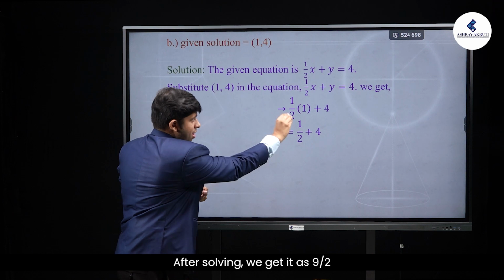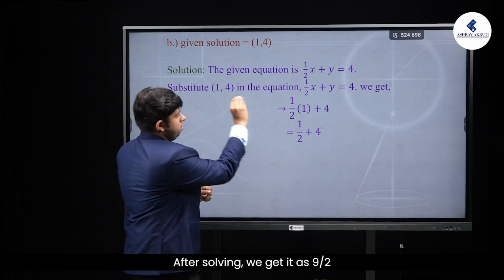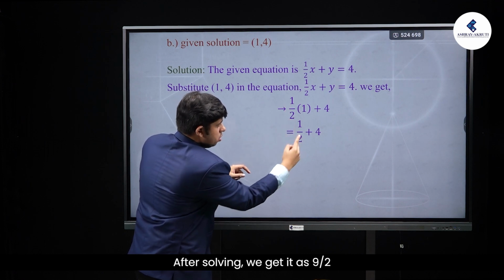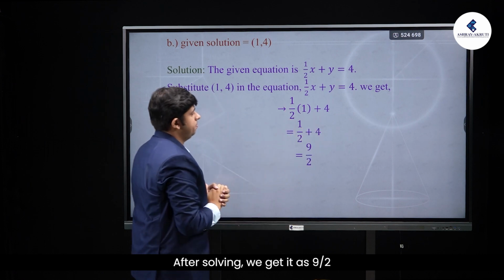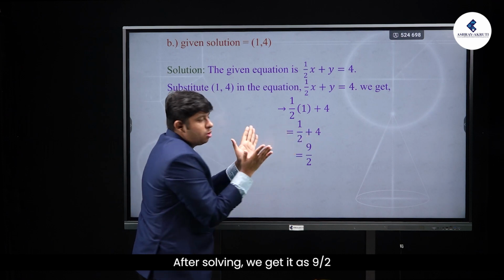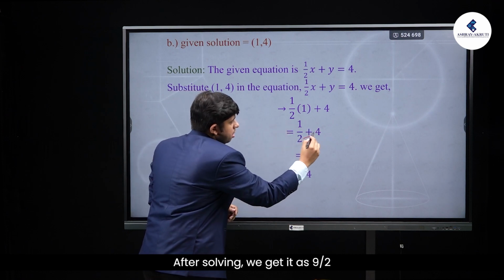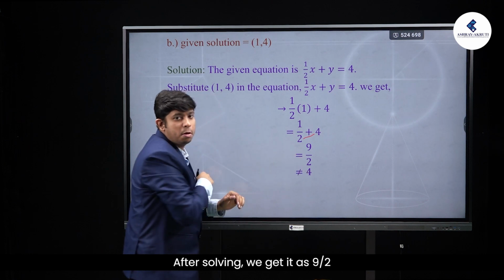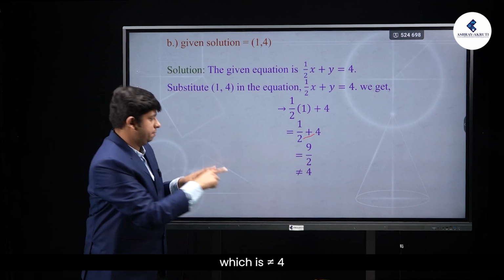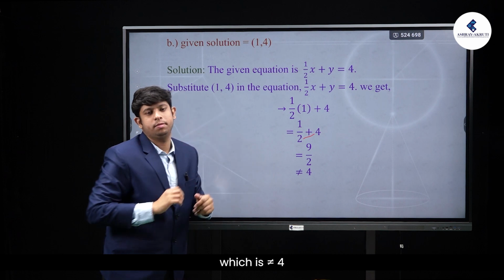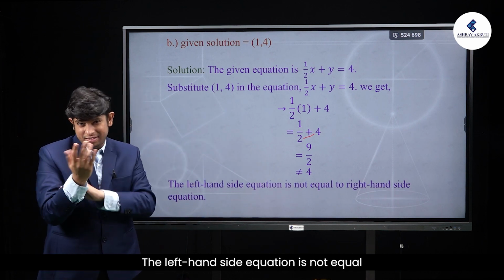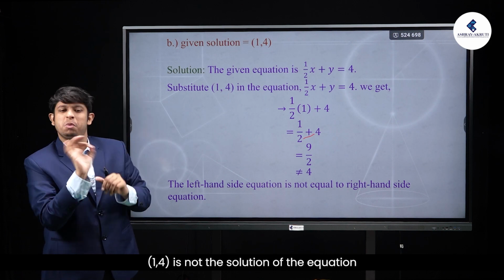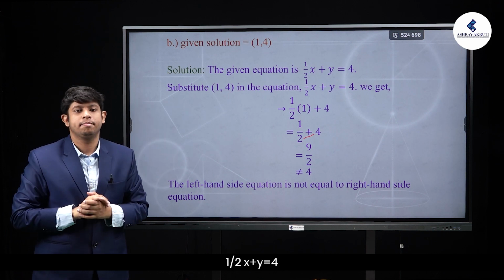After solving, we get 9/2, which is not equal to 4. The left hand side is not equal to the right hand side. We can say that (1, 4) is not a solution of the equation 1/2 x + y = 4.